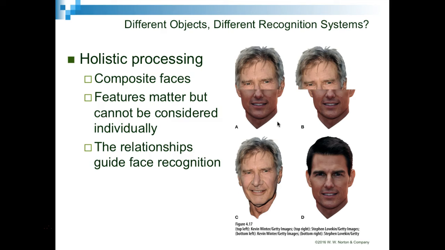Composite face effect. What does this tell us? We really like to perceive faces as a whole. It's hard to individually perceive the features of a face. I bet that you have a hard time calling up clearly in your mind your own nose.